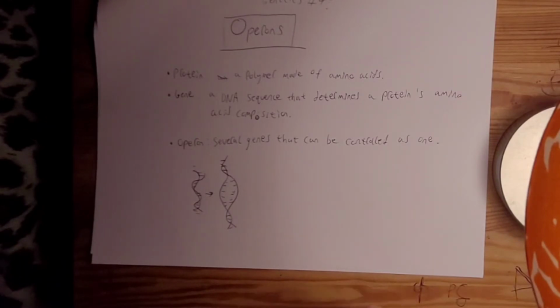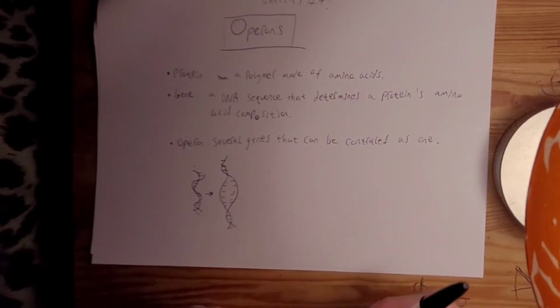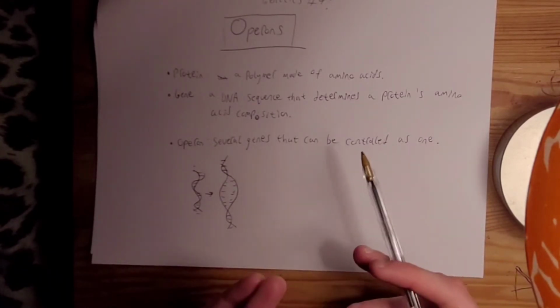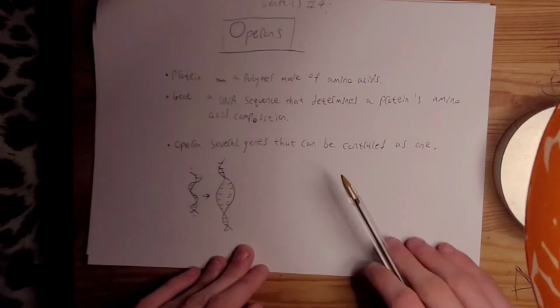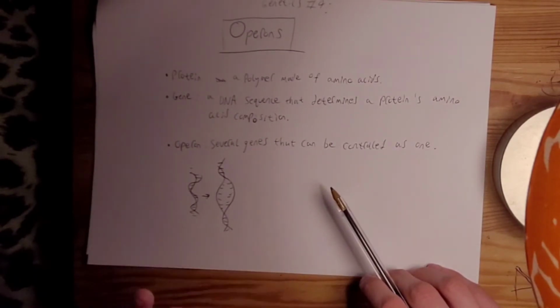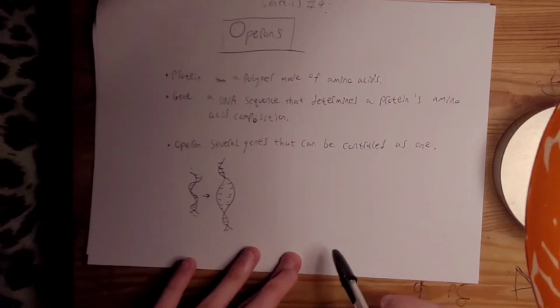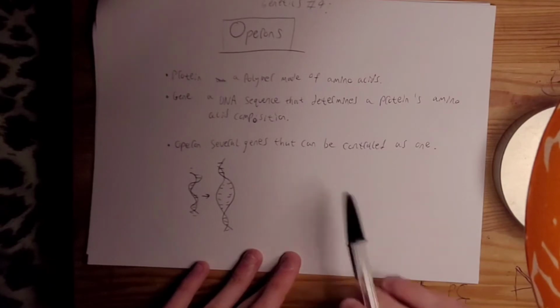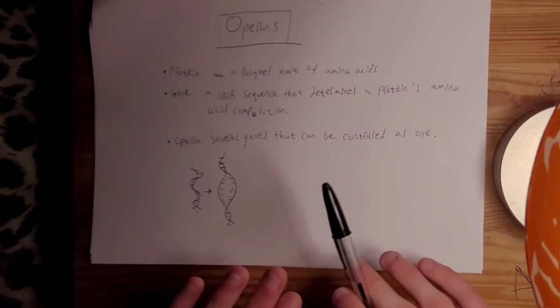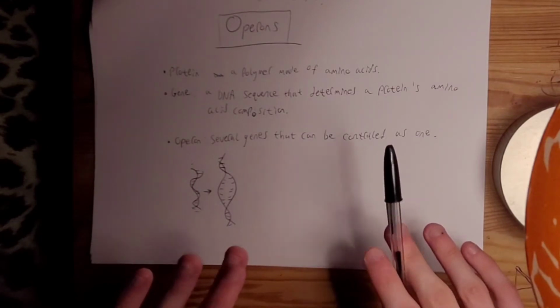RNA and DNA are very similar. They have a few differences. Both are nucleic acids. Both of them are made of nucleotides. DNA is made of DNA nucleotides. RNA is made of RNA nucleotides. The sugar in a DNA nucleotide is deoxyribose, and the sugar in an RNA nucleotide is ribose. Both nucleic acids have nitrogenous bases.